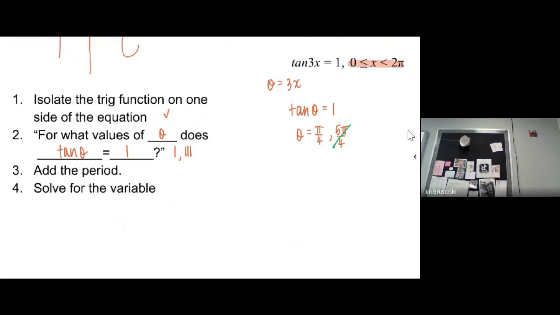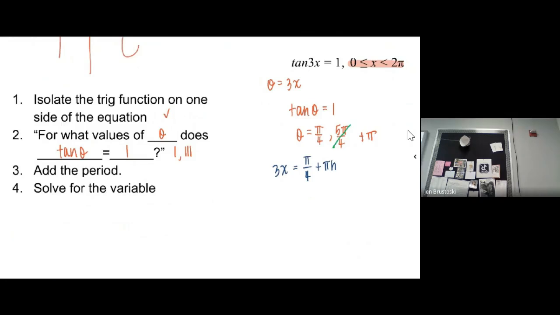Okay, so all right, now we need to go back in and replace this with the 3x. So let's add our plus pi over here. Going back to replacing theta, 3x equals pi over 4 plus pi n.